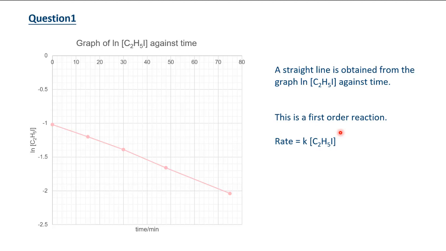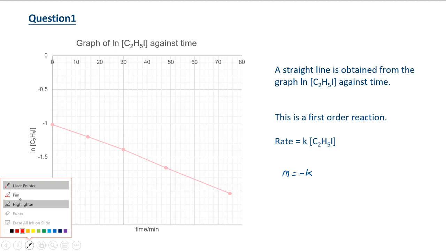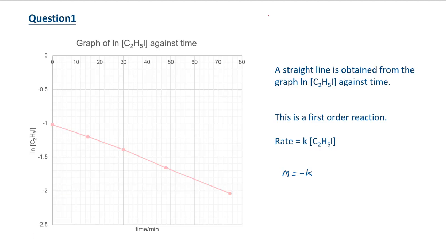And to find your rate constant, you need to find your gradient. As this one, the gradient equals negative k. How do you get this negative k? It's from your integrated rate law for first order: ln A_t equals negative kt plus ln A naught. So the intercept is actually your ln A naught.